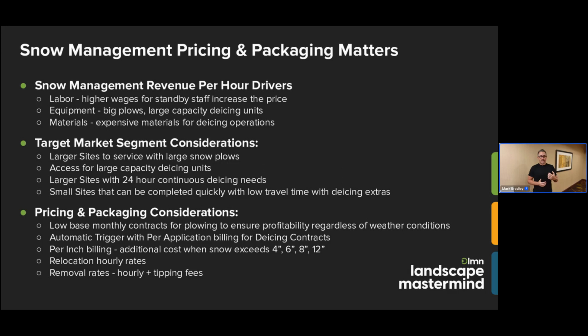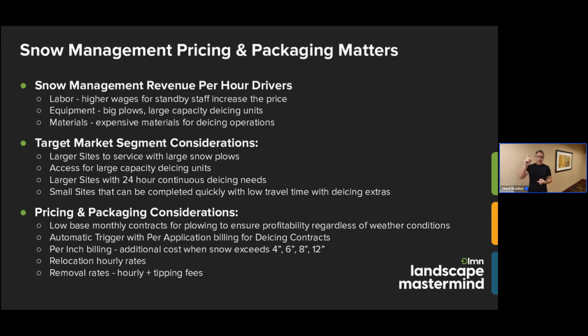And so a few considerations that we want to look at. Snow management revenue per hour is increased by the price of the labor, the size of the equipment, or whether we're using equipment at all, and then, of course, whether or not we're using any de-icing materials. And the nice part about the snow business is all of these tend to be expensive. Labor, we're usually paying slightly higher wages in the snow business because of the standby rates.